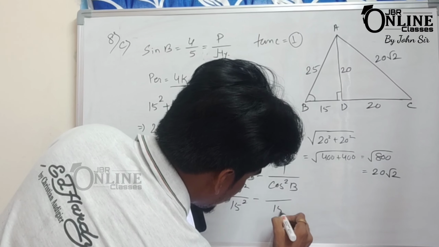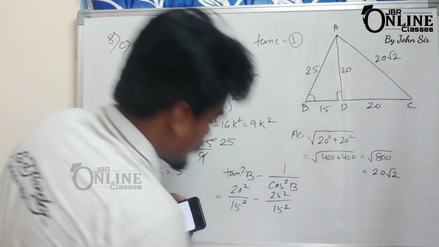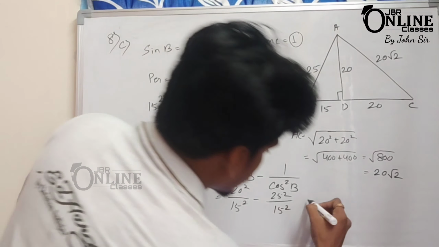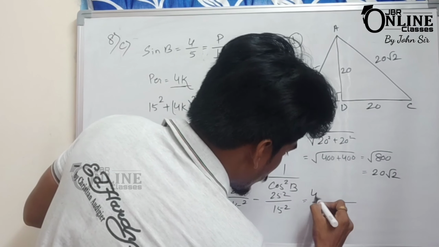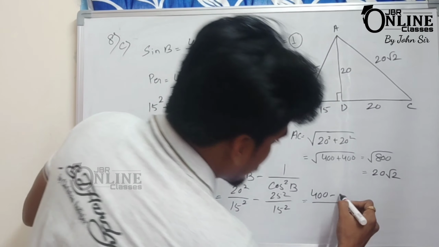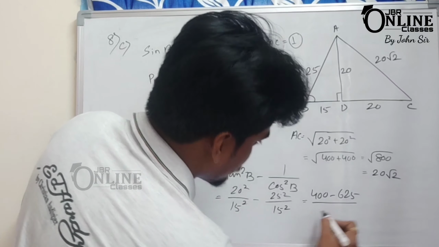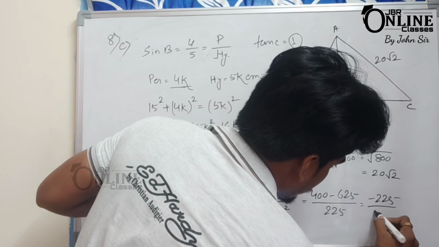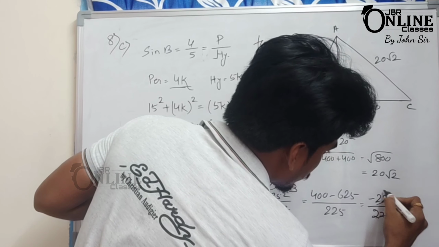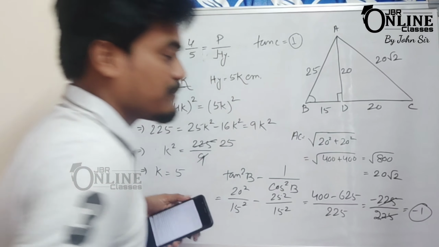So here 15 square and there 25 square. Okay, so that equal to, now 20 square means 400, here 25 square, that means 625, and here 15 square, that is 225. So that means minus 225 by 225. So that equal to minus 1, and it's proved.